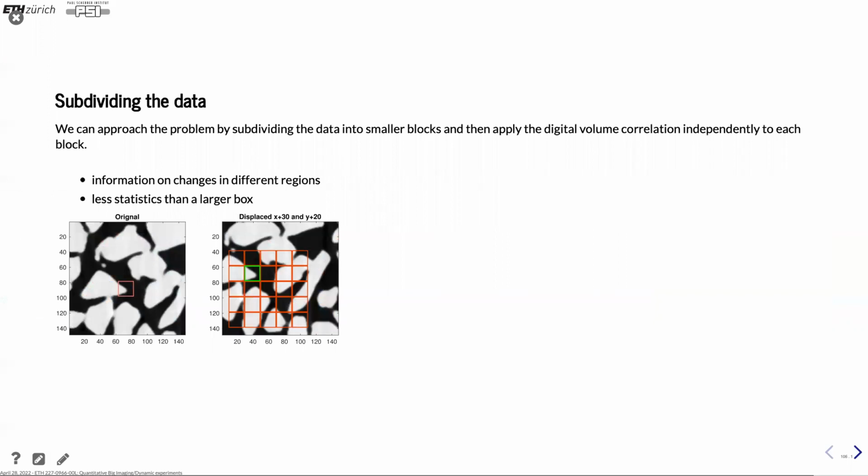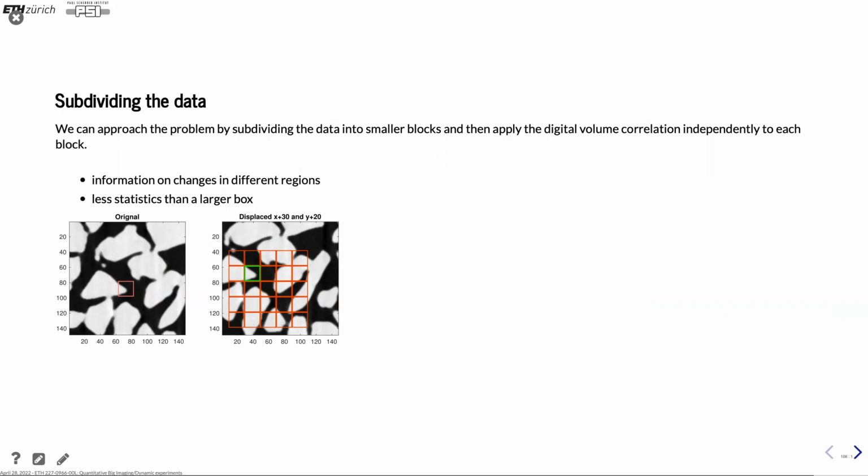Another thing to work with is the correlation, to look at displacement fields within the image that can actually carry information about what's happening in the process as well. So what we are doing is to do local correlations.